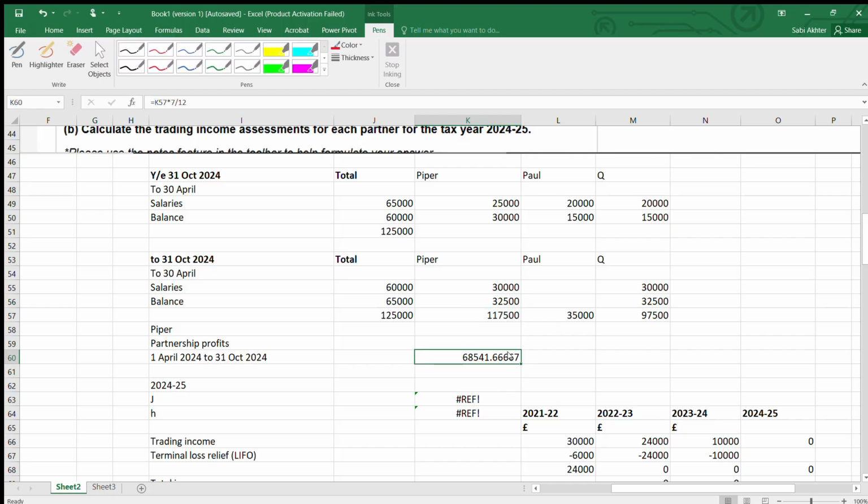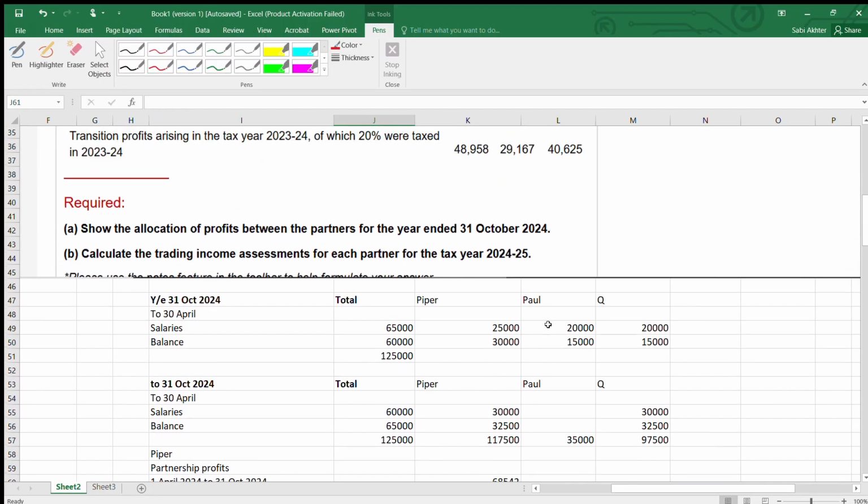As you can see, I'm going to drop down the decimal. Now, the transition profit. So the transition profit is already given.